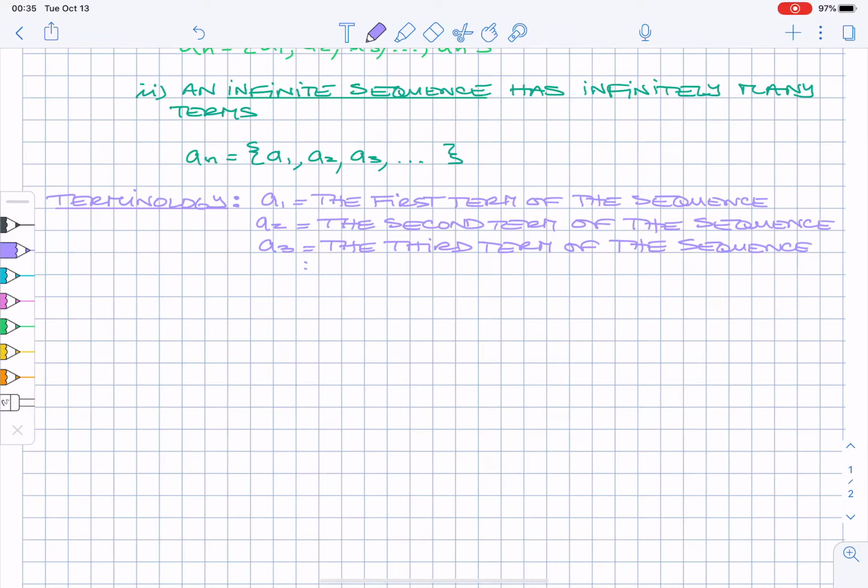All the way out to a sub n, which is going to be the nth term of the sequence.